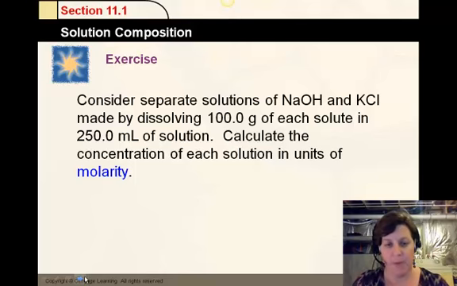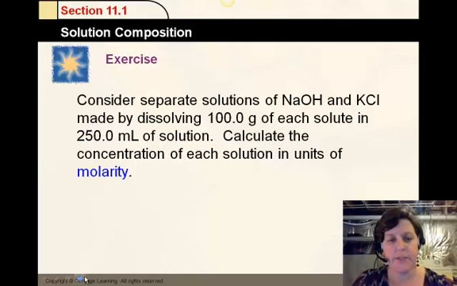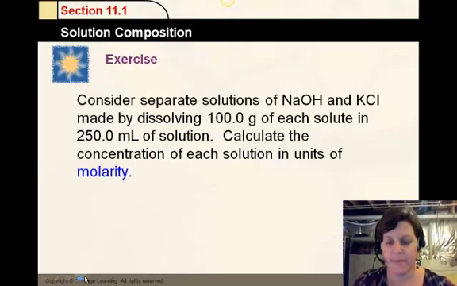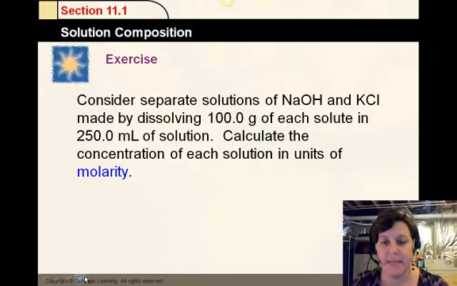Well, this problem is pretty easy because obviously you just need moles of solute and you need liters of solution. So if we have 100 grams of each, they're going to be different because, of course, the formula mass of sodium hydroxide is different from that of KCl.